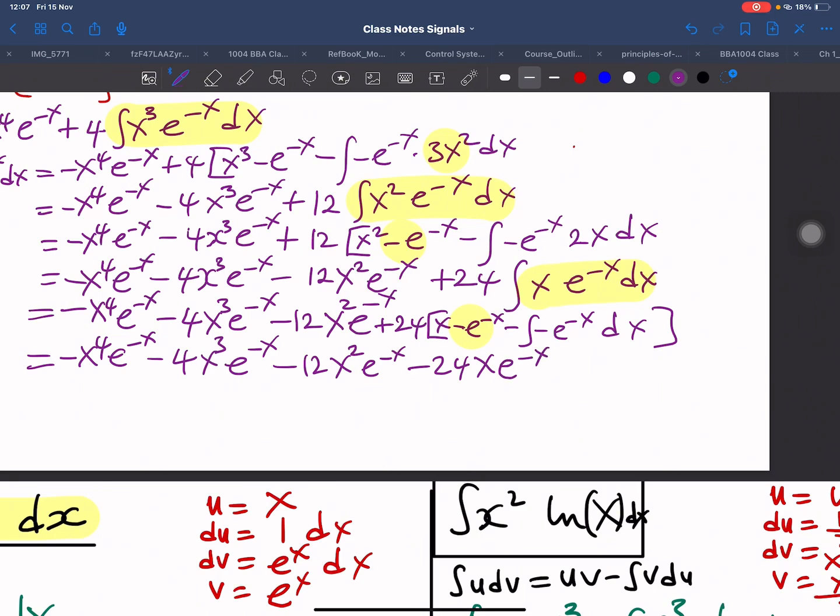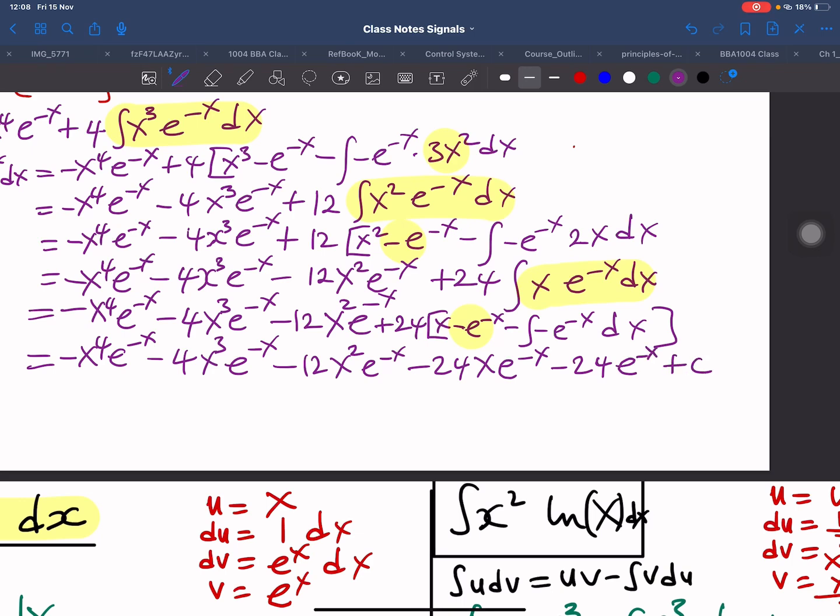Then this 24, we now multiply this integral. If you integrate this, first of all it's going to be plus, but if you integrate, it's going to be minus. So it will end up being minus 24 e raised to power minus x plus c.